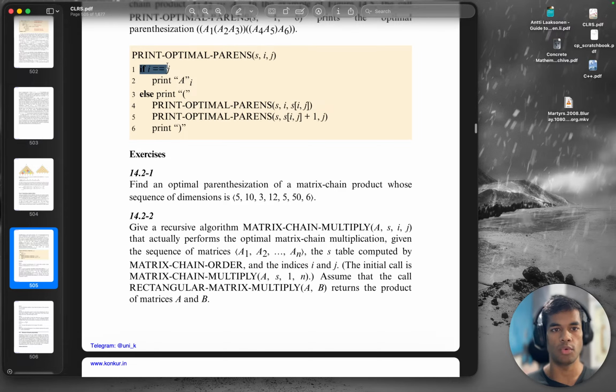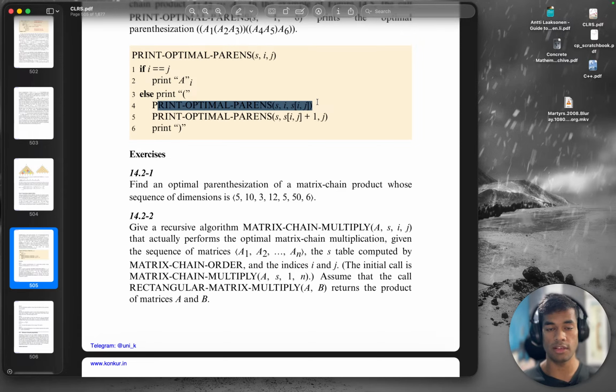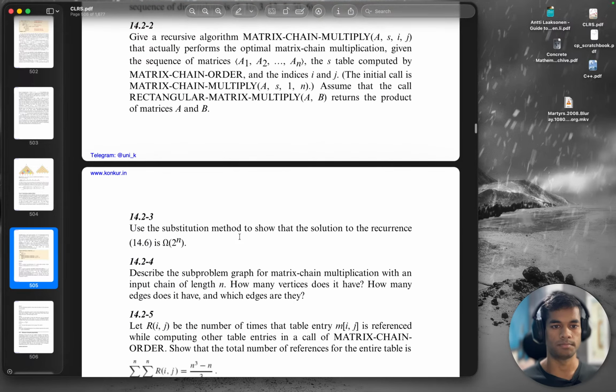And when i equals j, we will return A, and this thing is supposed to return one matrix, and this thing is supposed to return another matrix. And when we get these two, we will call regular multiply AB, and we will return what matrix is returned by this and by this and multiply the two. So that will be it.